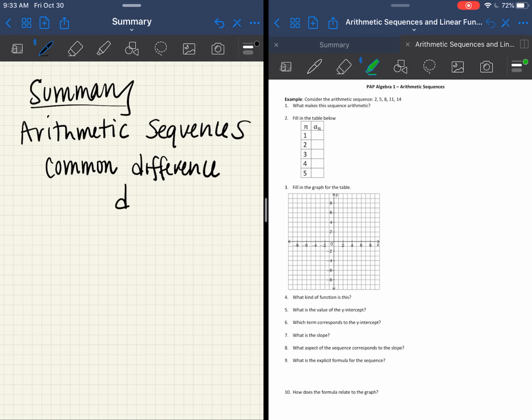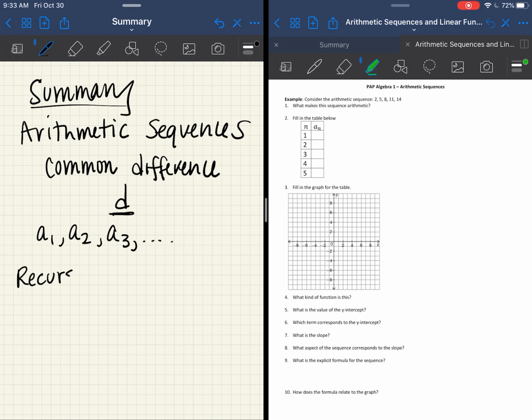And so we call that common difference D. And so if you have a sequence of terms, A1, A2, A3, and so on, you can get to the next term by adding this common difference D.